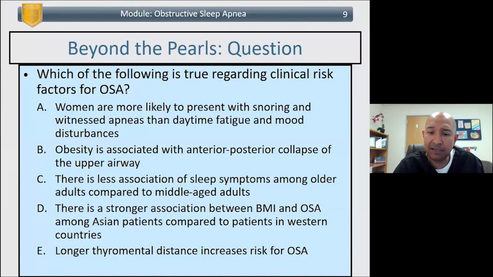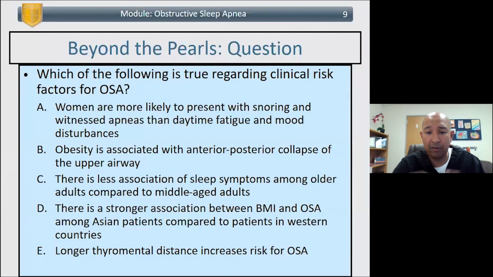B: Obesity is associated with an anterior-posterior collapse of the upper airway. What does that mean? How do you know it's anterior-posterior? Well, you're probably going to do something called DISE, drug-induced sleep endoscopy. When we talk about DISE, you're usually thinking about something like putting in the Inspire device, and you want to see how the airway collapses.